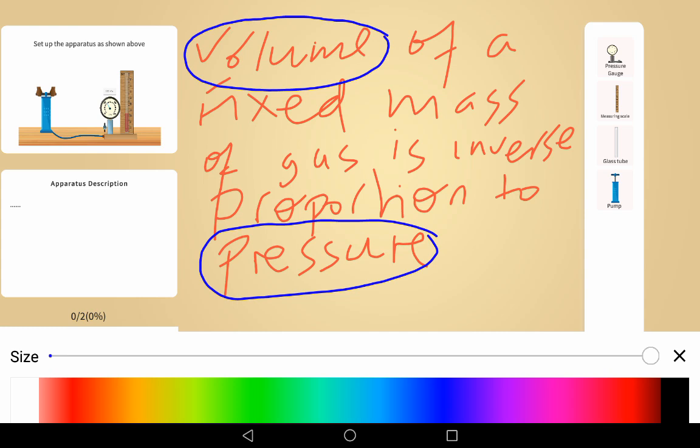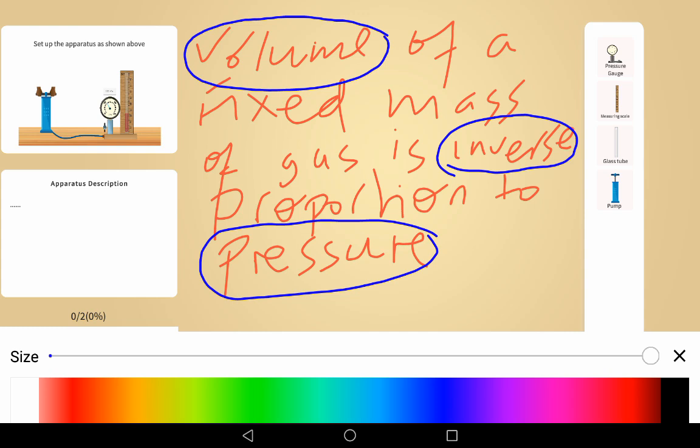That's what we mean by inverse. An inverse relationship is one in which when one quantity is decreased, another quantity increases.